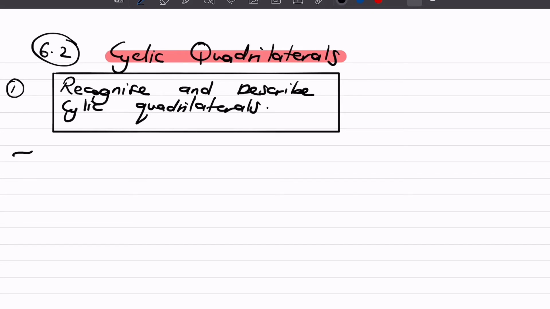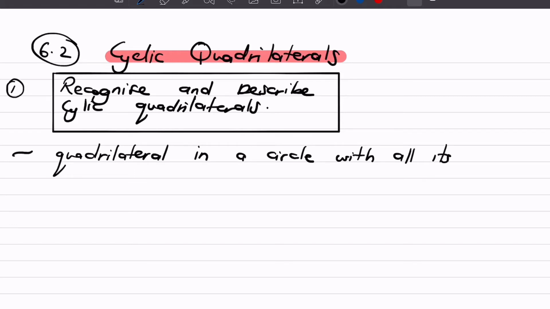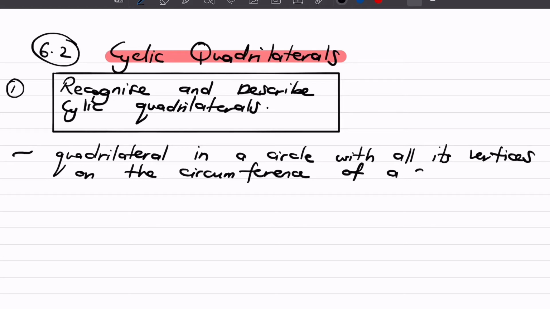A cyclic quadrilateral is a quadrilateral in a circle with all its vertices on the circumference of a circle. So this is the notes that you have to know.